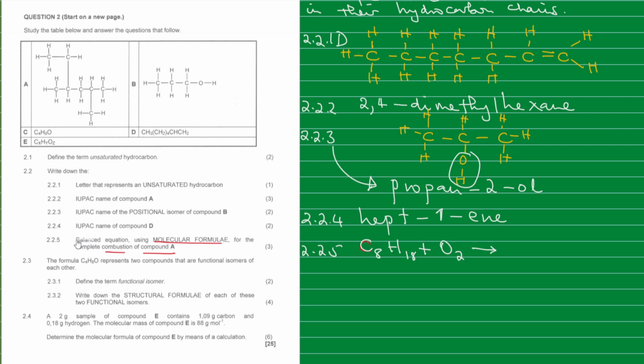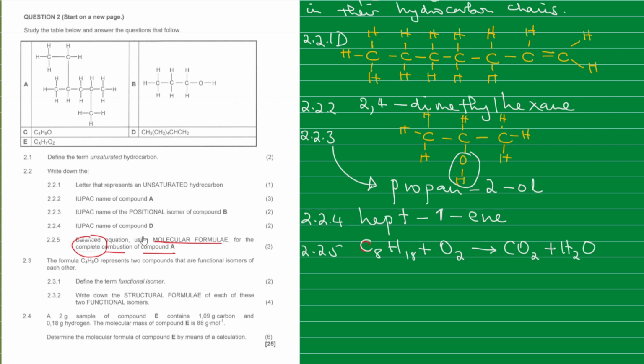Here we are given that it's complete combustion, so we are going to form 2 products, which are carbon dioxide plus water, plus energy, of course, heat and so on. So these are the molecular formulae for the reactants and the products involved in this equation.